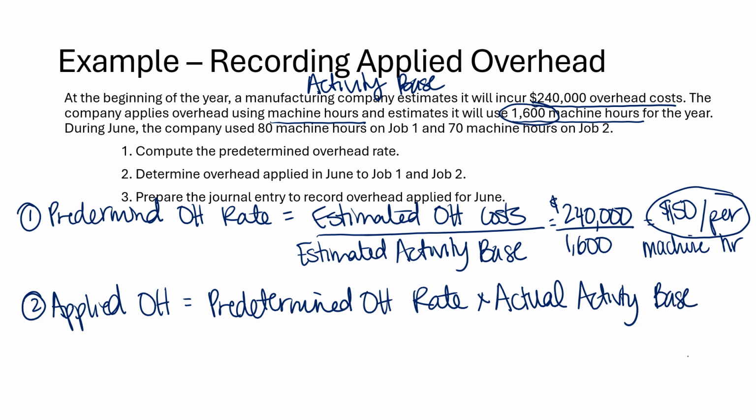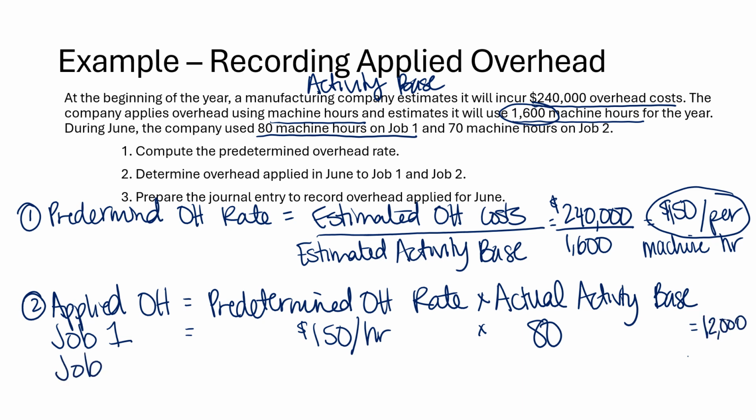So for job 1, the applied overhead is the predetermined overhead rate, which is $150 per machine hour, times the actual activity base. So for job 1, that was 80 machine hours. So that gives a total amount of applied overhead for job 1 of $12,000.